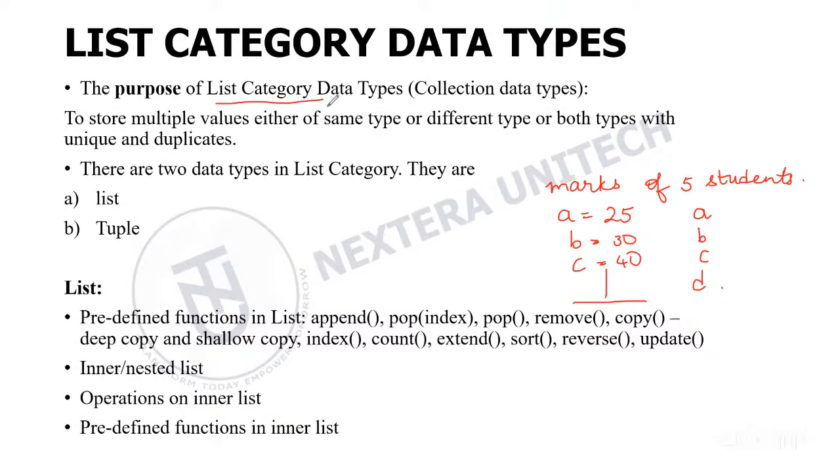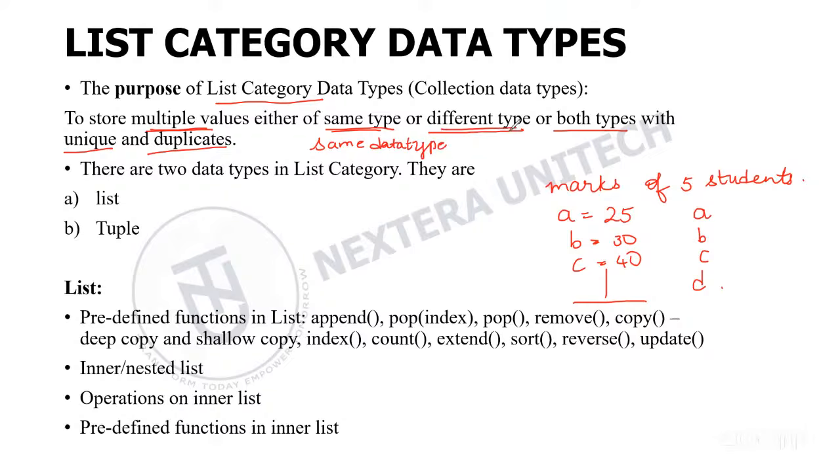These list category data types are used to store multiple values, either of the same type, of different types, or both, and there can also be unique values and duplicate values. Here same type means same data type, or the data type can be different also.